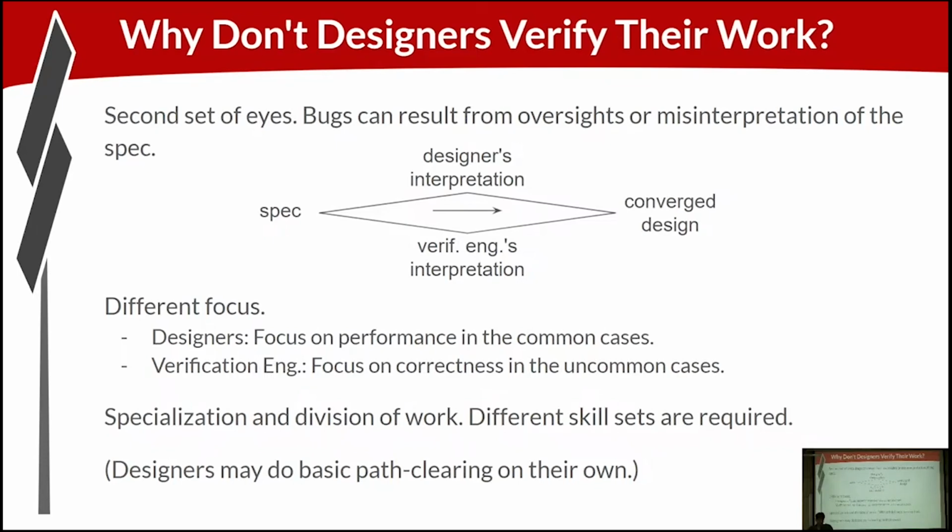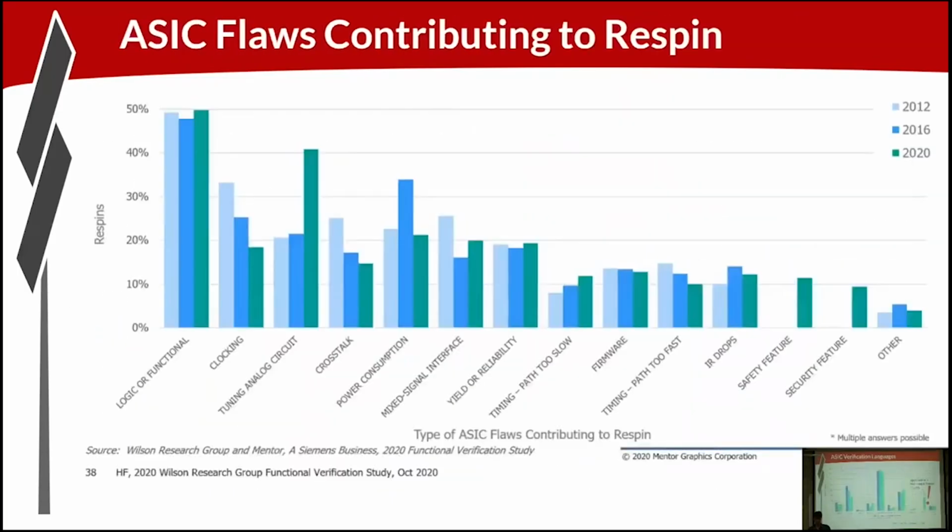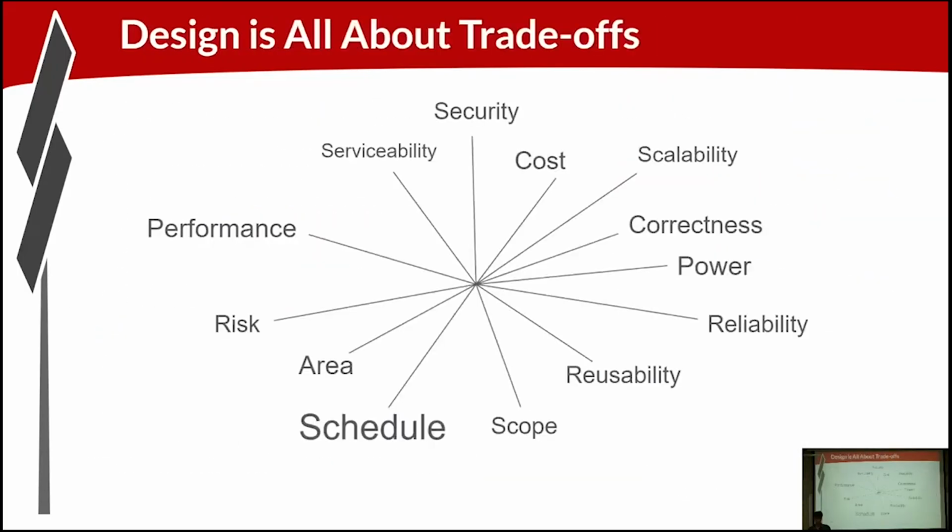Also, the nature of the work is very different, right? A logic designer tends to be focused on the common case, right? The logic designer cares about performance. They care about their implementation team as well as the functional correctness, right? Functional correctness is one of the many things in this earlier picture. It's a big one, but it's not a huge one.